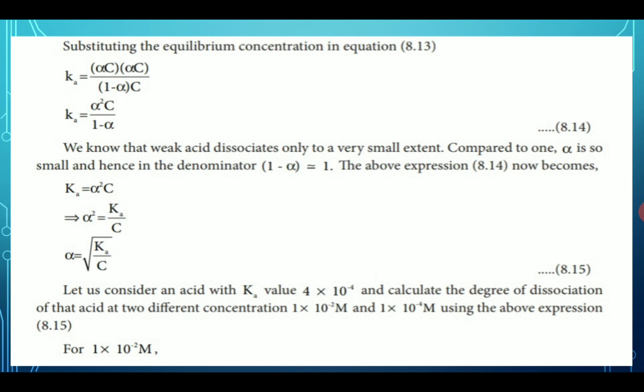One C in the numerator and the C in the denominator get cancelled. So this is what we call Ostwald's dilution law equation: alpha square C divided by 1 minus alpha.